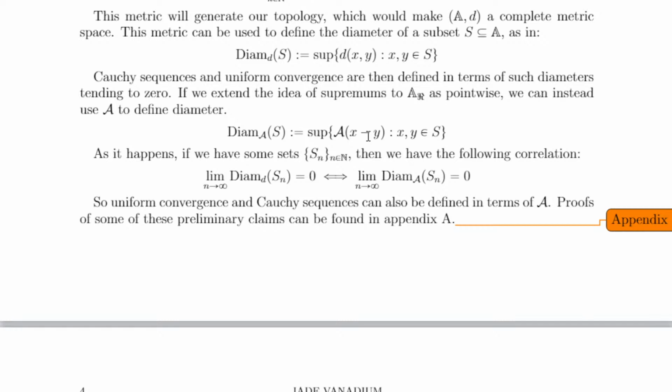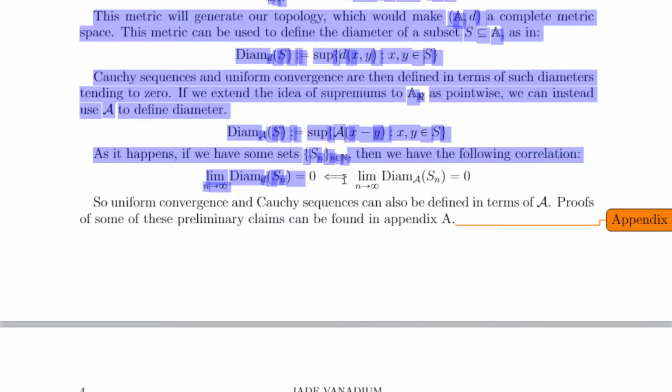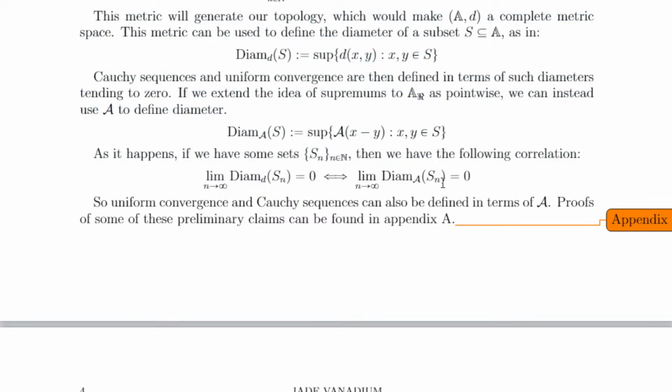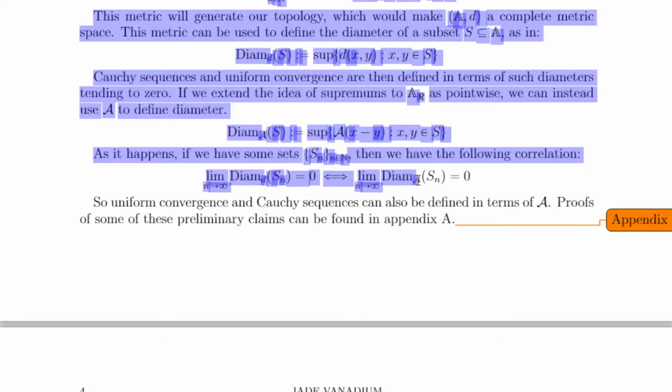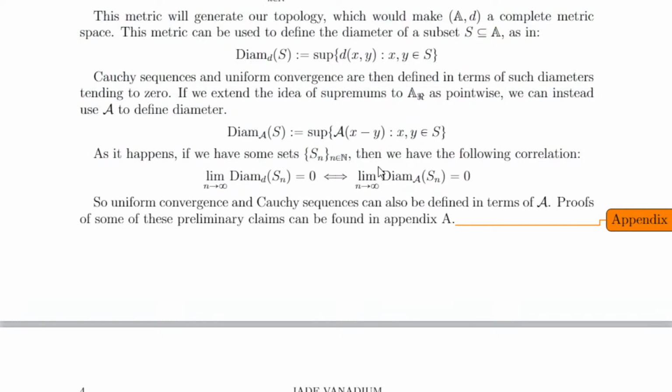But as it turns out, despite this concept being bigger, if we have some series of sets and their diameters with respect to the metric function tend to 0, that also implies that the diameter with respect to the a function tends to 0, and vice versa. If the diameter measured with respect to a tends to 0, then the diameter with respect to the metric function, the distance function, also tends to 0. This biconditional relationship, where diameters of sets tending to 0 is equivalent, is really useful.